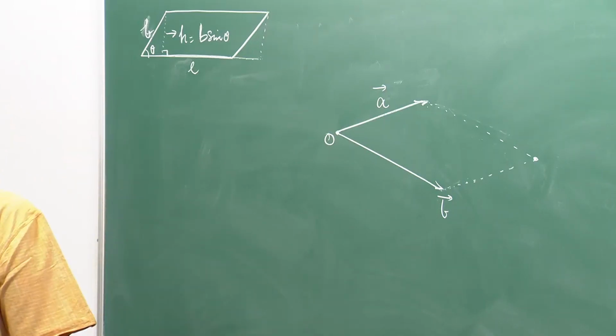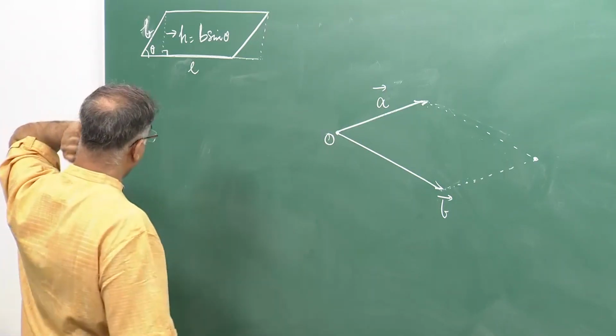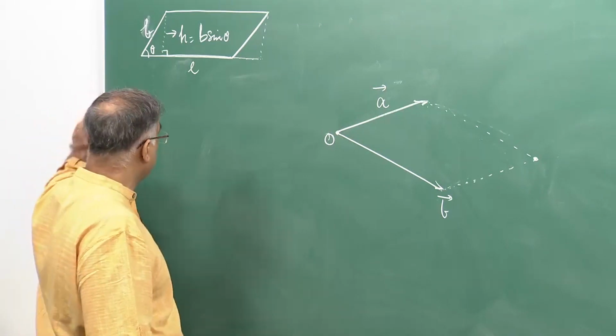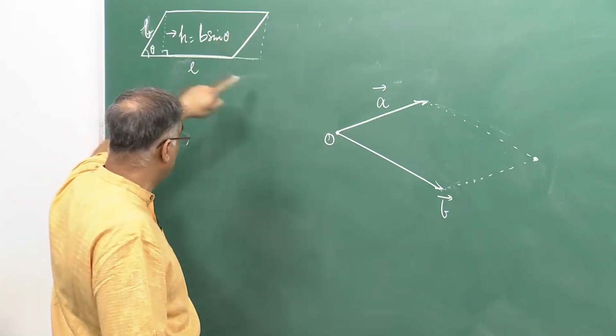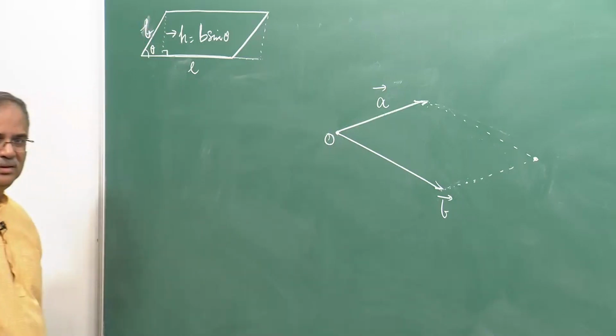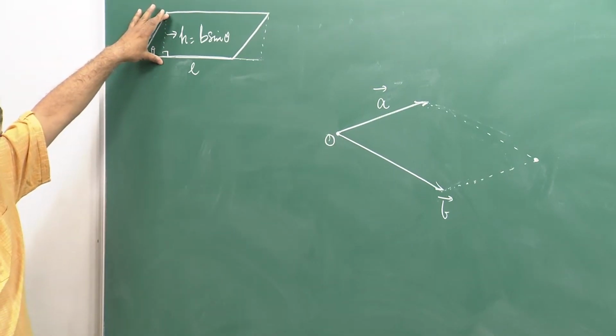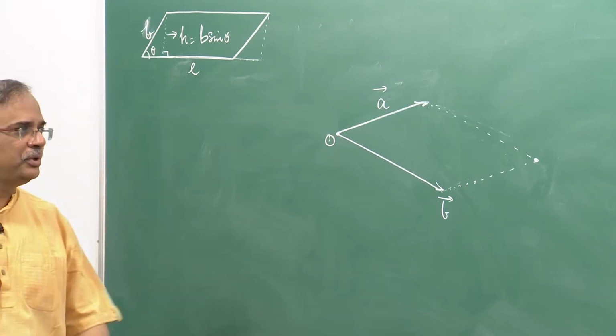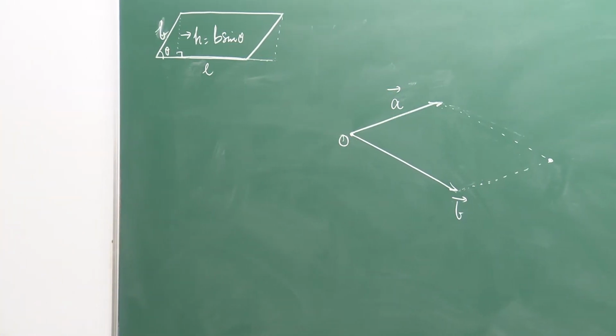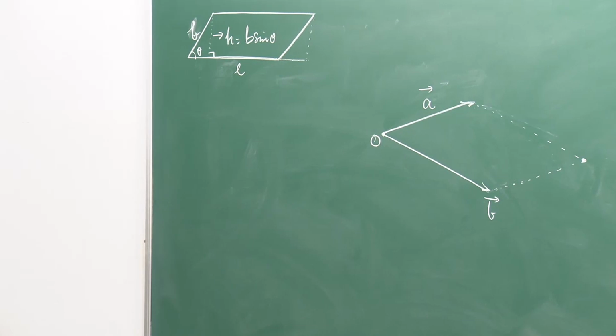And the area of the parallelogram, if you define the area, so what is the area? Suppose I have constructed this rectangle like this, and because they are between the same parallel lines, the area is same. This is what you learn in your school geometry, but though it is not so simple, we are doing things very simply.